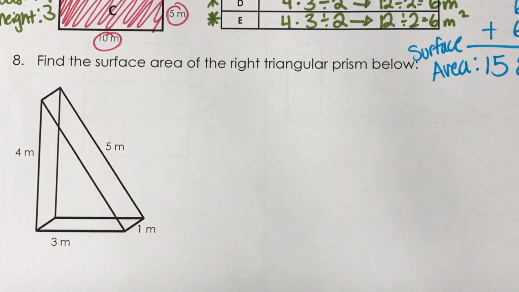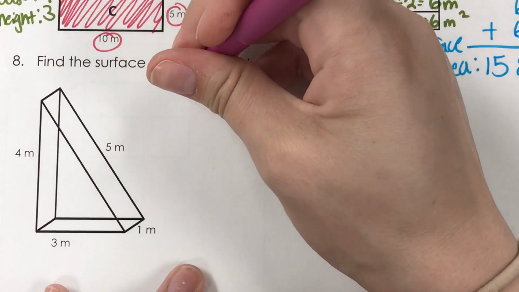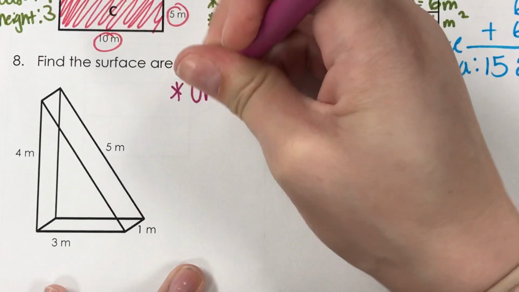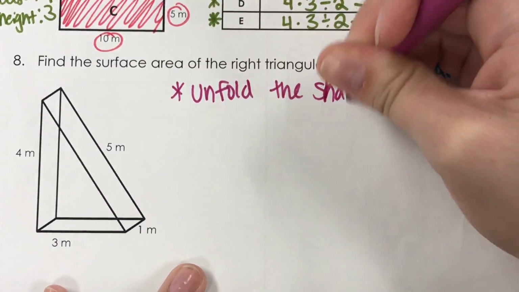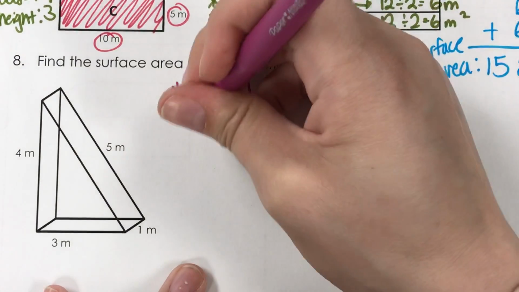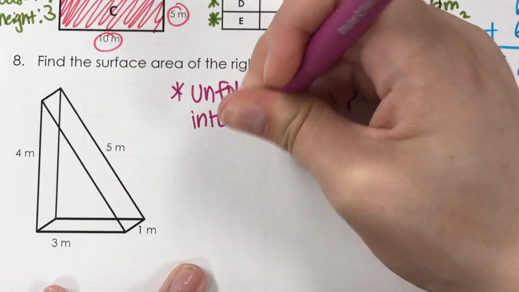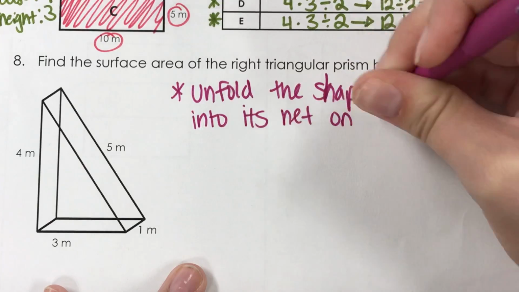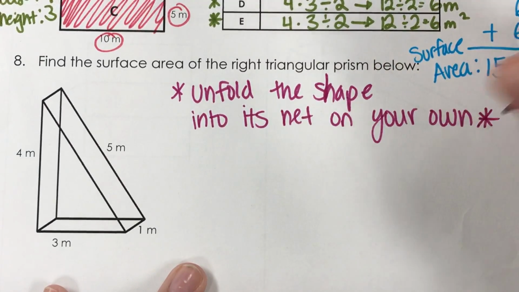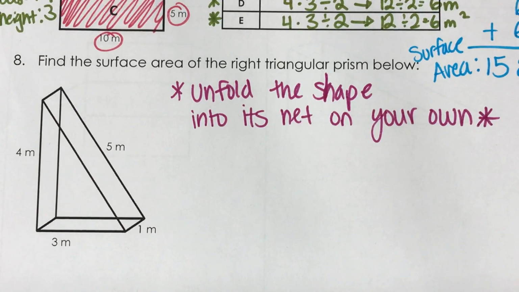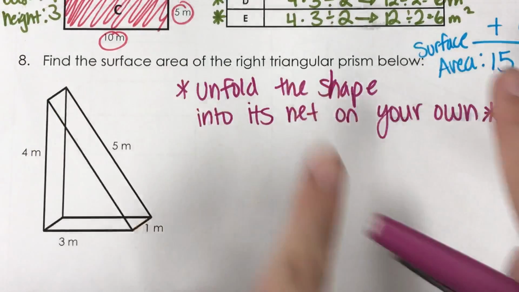Truly, what you have to do is unfold the shape or break up the shape into its net on your own. I wish there was a formula like when you found the formula to find the surface area of a rectangular prism. That was very nice. I just had to plug in all my pieces.